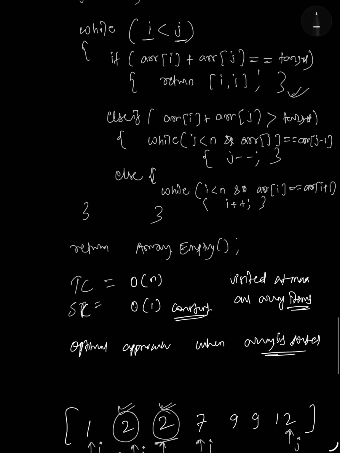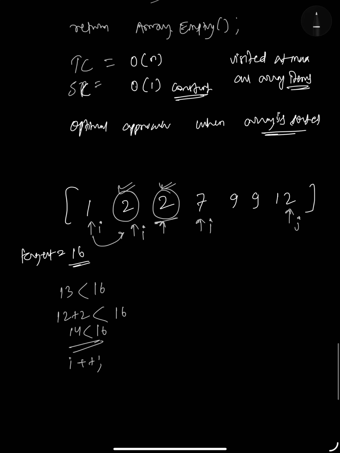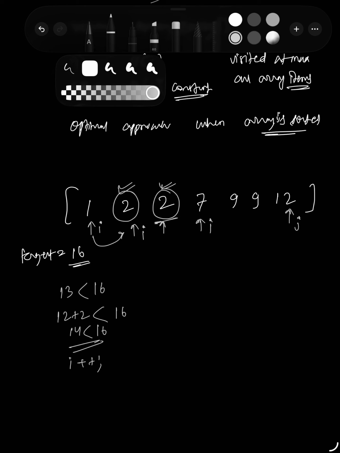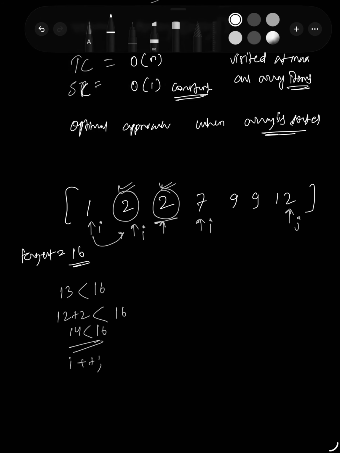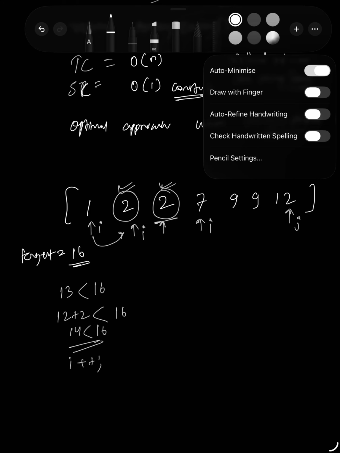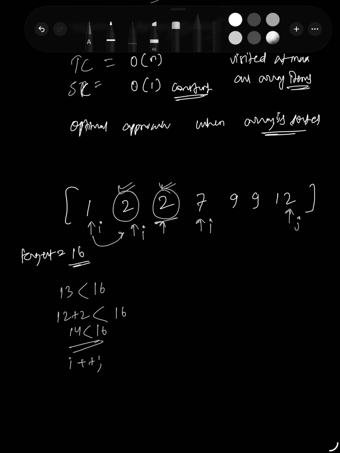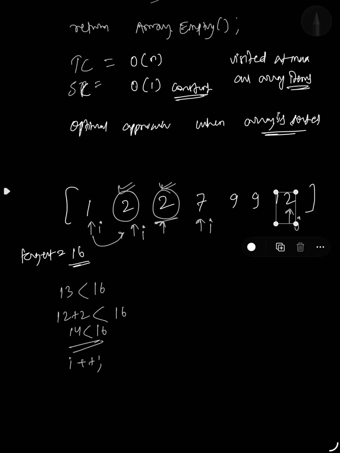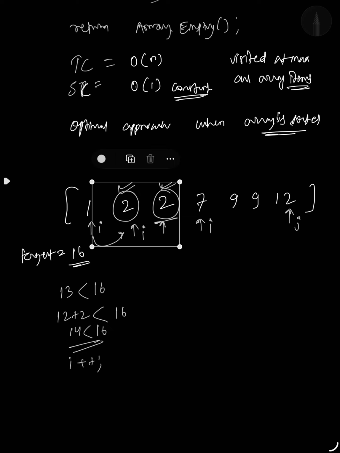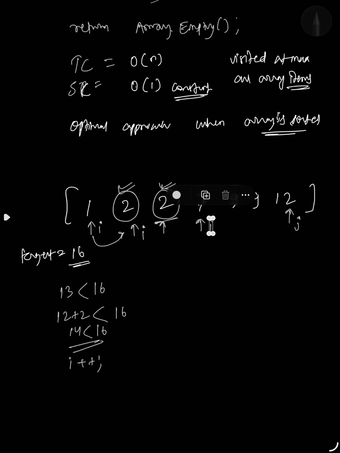You might be thinking that we have introduced a while loop which will introduce a complexity of O of n here and here, and we will have a high time complexity, but let me tell you that this is not going to happen, because we are ultimately moving our i and j pointers over all the indexes at max once.